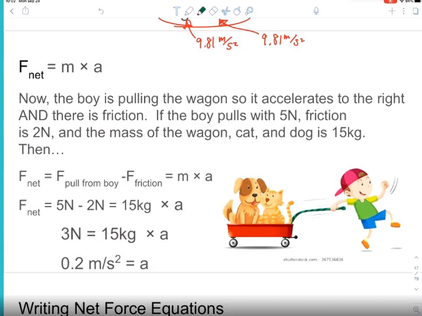So the force from the boy. So the first thing I want you all to do every time is draw a force diagram for this wagon. So we have normal force and gravitational force. And we have a tension from the boy.